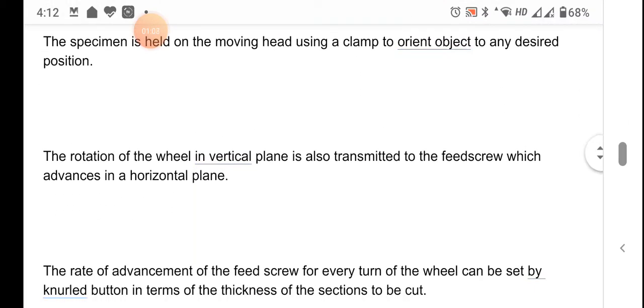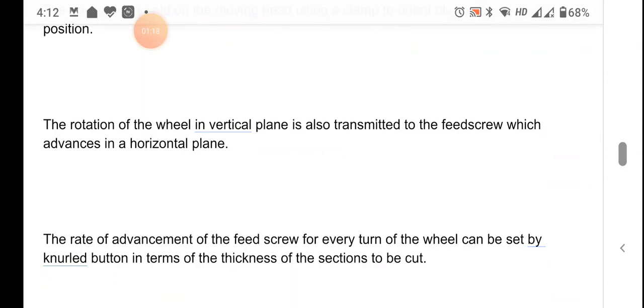And here the rotation of the wheel is also transmitted to the feed screw, which advances in the horizontal plane. Okay, there is a feed screw. So when we rotate the wheel, that movement is transmitted to the feed screw, and the feed screw will make the block holder or the specimen holder advance to the front.